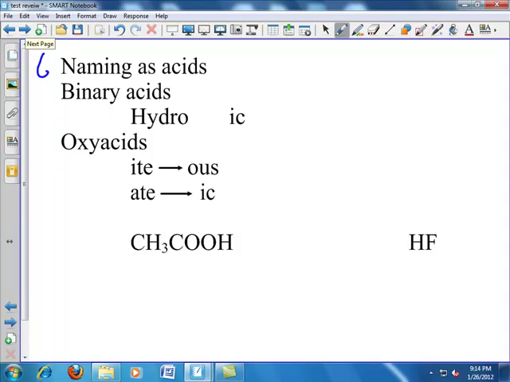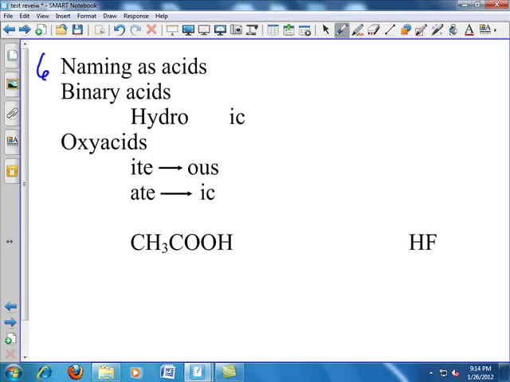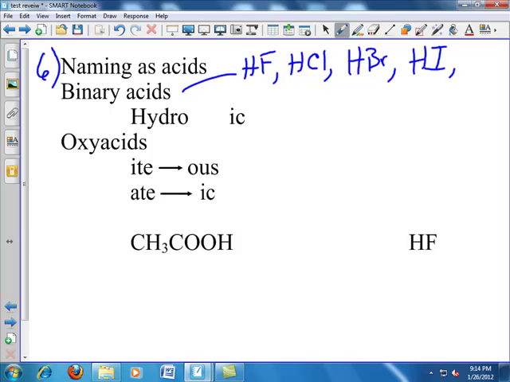And then the last one is naming acids. Remember, if you have a binary acid like HF, HCl, HBr, HI, those are binary acids. That's where you use the prefix hydro and ic.